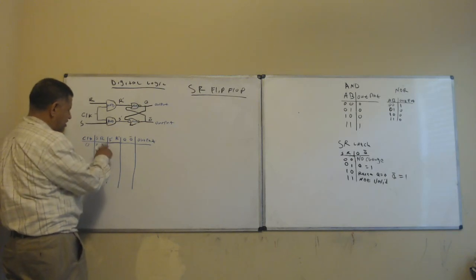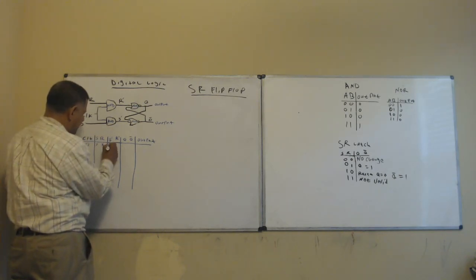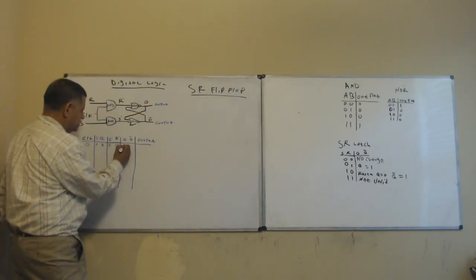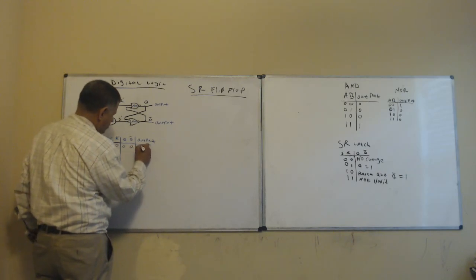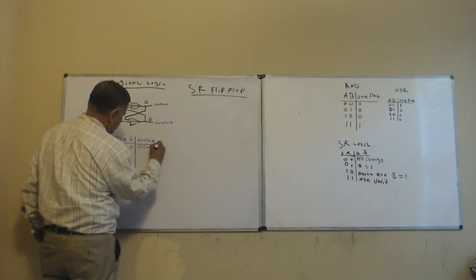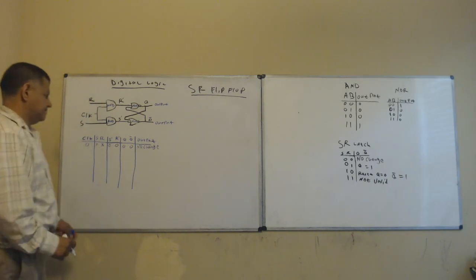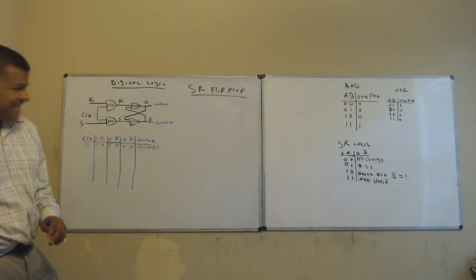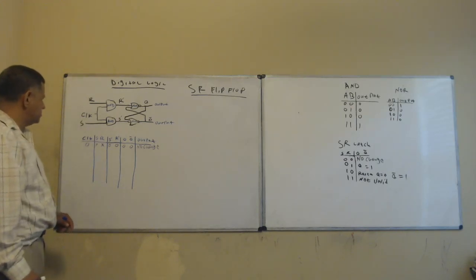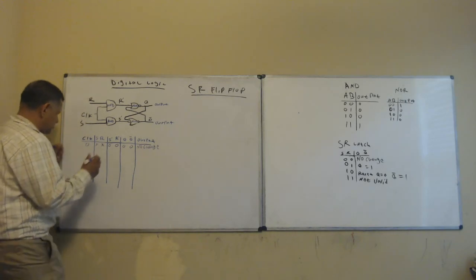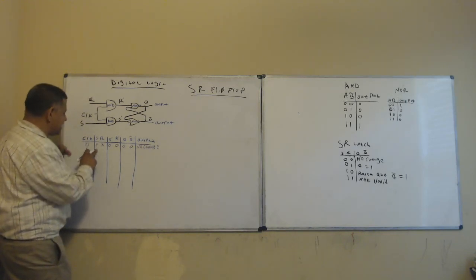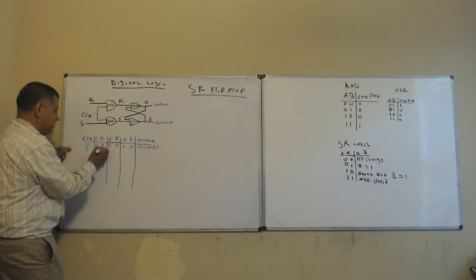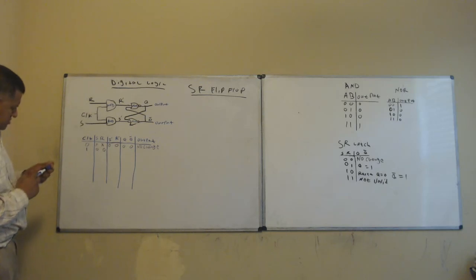So let's see. So now, right here, this guy is 0, this guy is 0. And of course, 0, 0, no change. Next, we set the clock equal to 1. Now we say that S and R are zeros. Well, think about it.